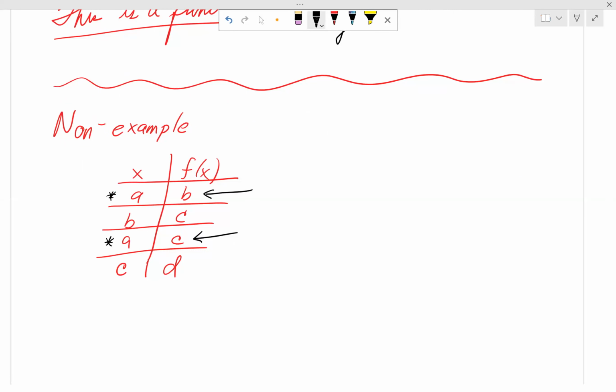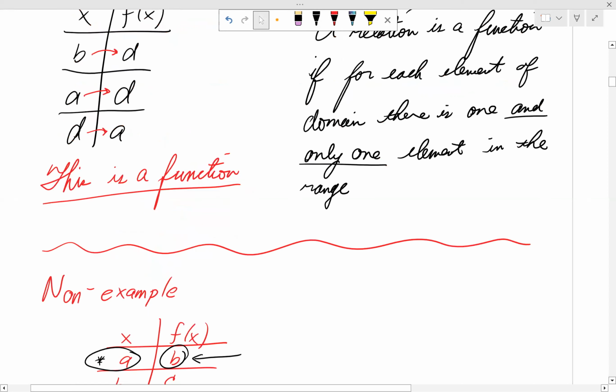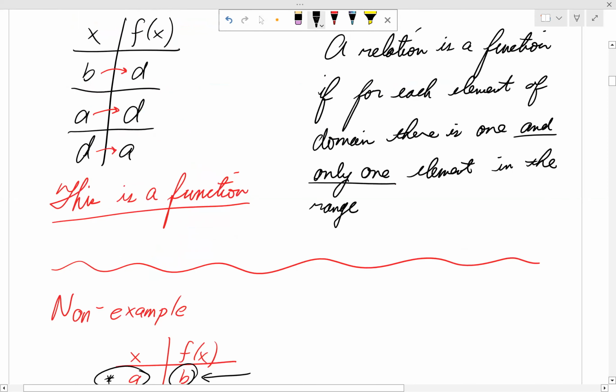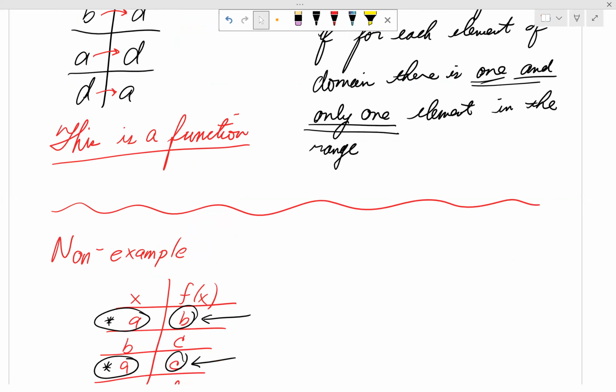Our one element of the domain A is being mapped to two elements B and C. And our definition up here says for each element of the domain, our A, there's one and only one element of the range. Here we had two elements, B and C.